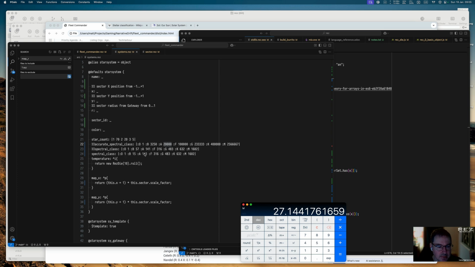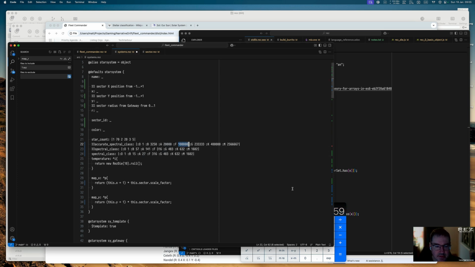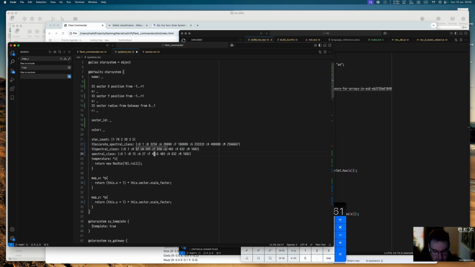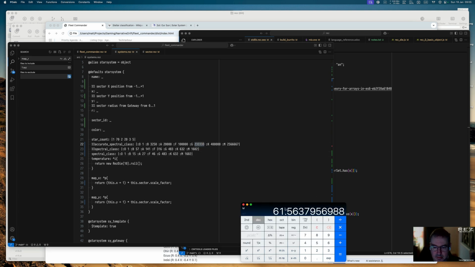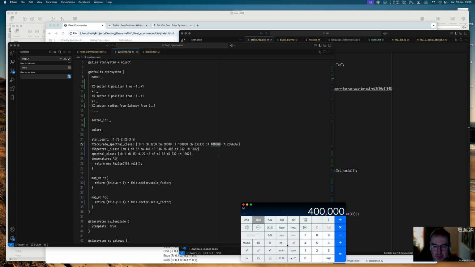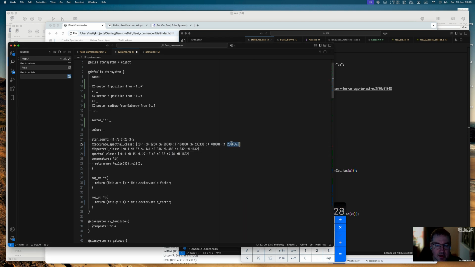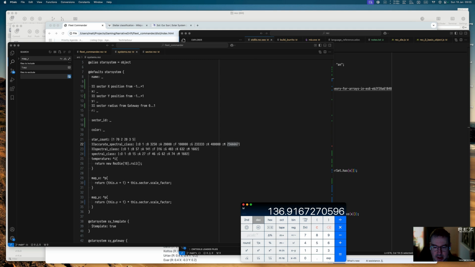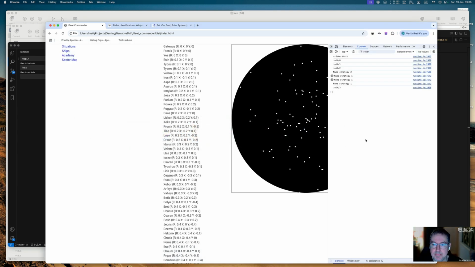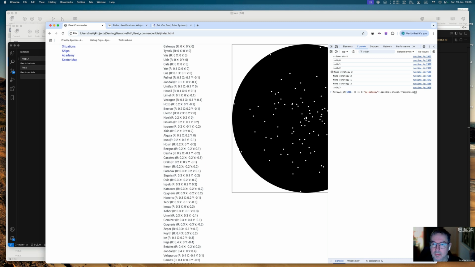So this is A stars. 27, F stars is 46, so F is 46, G is 62, so G is 62, K it's got 74, K 74, and we've got 137. Okay, so we scaled down again. And what we're really interested in is O.